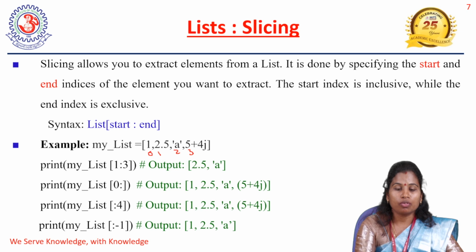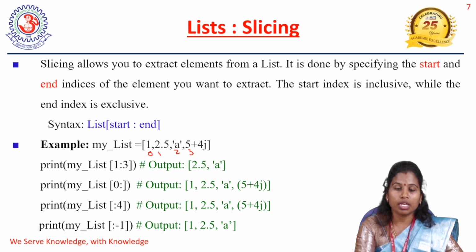Next coming to the fourth example. In the fourth example also, the list start value is not defined here. Only the end value is defined, that is -1. Here the first value, by default, it will consider 0. So 0 to -1. Here 0 means at position 0 we have element 1. At position 1 we have 2.5, position 2 we have A, and position 3 we have 5 plus 4j.